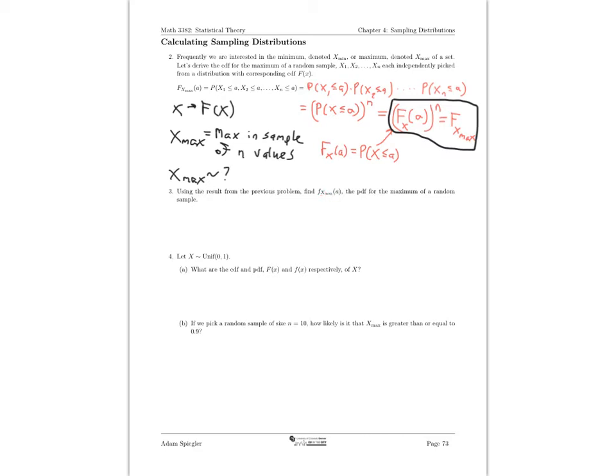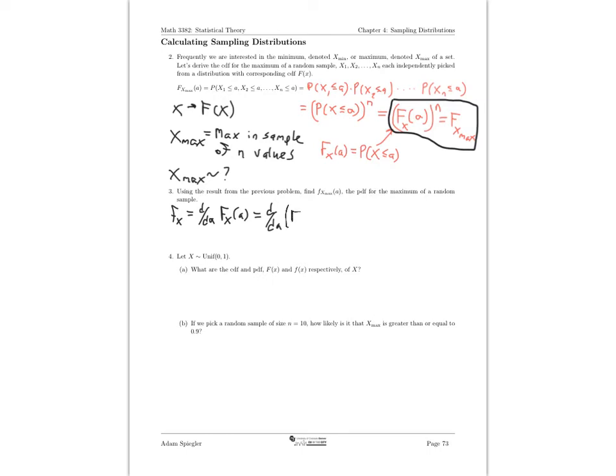I don't want to get that confused with the capital X. In general, the relation between a PDF of a random variable and its CDF is that it is the derivative of that CDF. So for us, what we want to do is take the derivative of the CDF that we found in question 2.